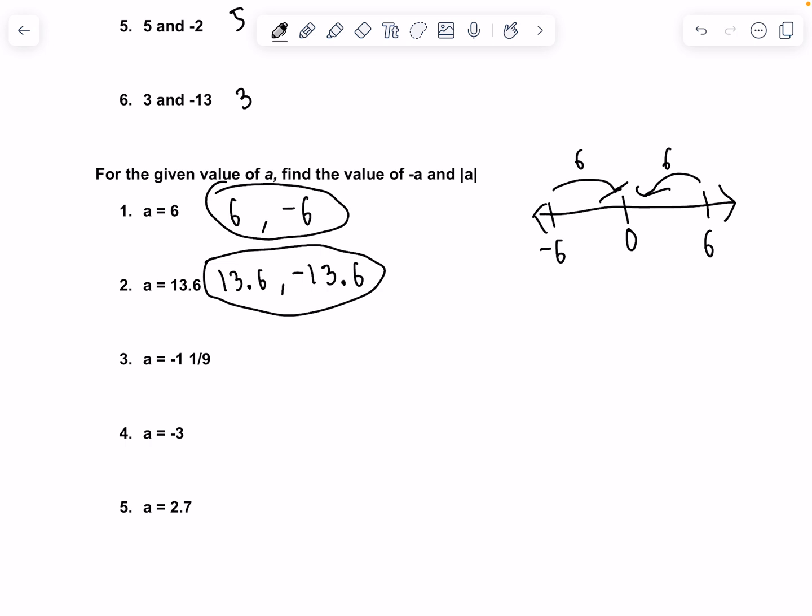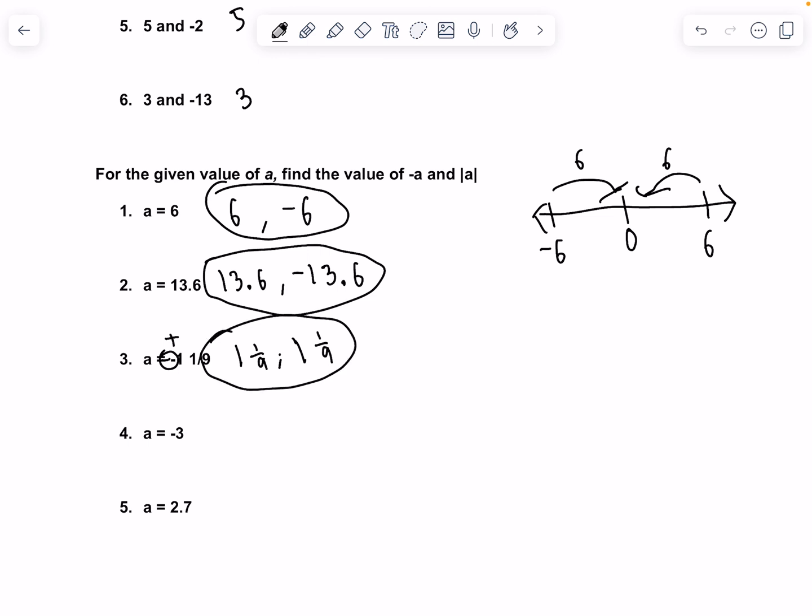So that means it is 1 and 1/9 away from 0. So that will be our absolute value. And we can just add a negative to the negative 1 and 1/9. So negative negative is always positive. So it would actually be 1 and 1/9 and 1 and 1/9 again for our answer on number 3.